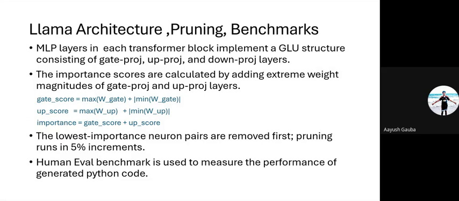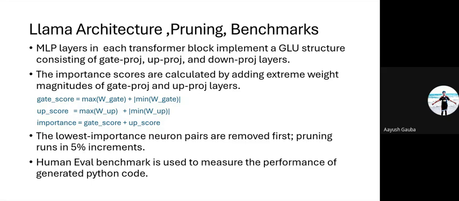The MLP layers, multi-layer perceptron layers, of each transformer block have, in the GLU unit, a gate projection, up projection, and down projection. And our pruning targets these three paths.